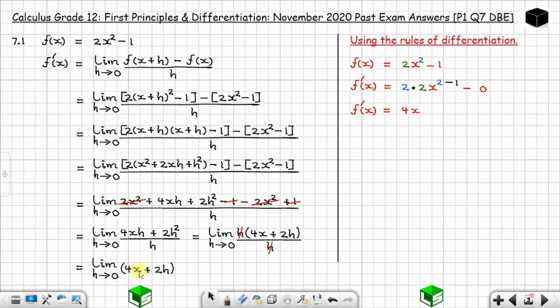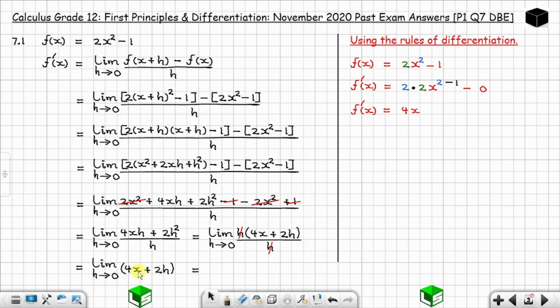So now from here what you have to do is to substitute 0 for h. When you substitute 0 for h, you have to drop now this part. This part, can you see this part? Limit as h approaches 0. When you substitute 0 for h, this is the only time you can drop this part.